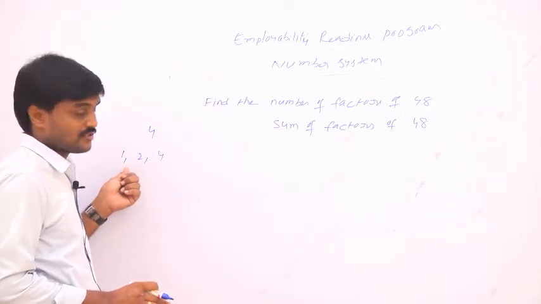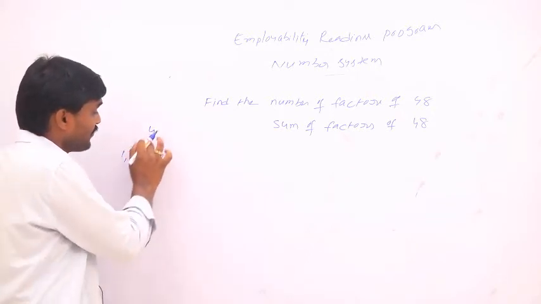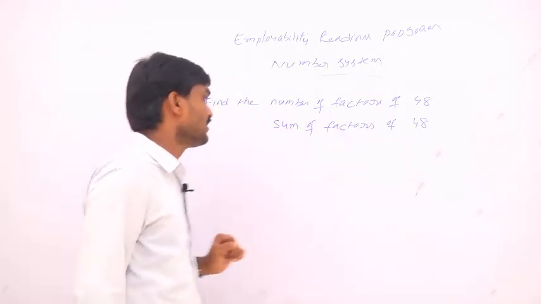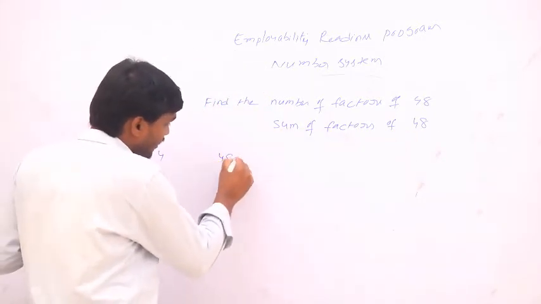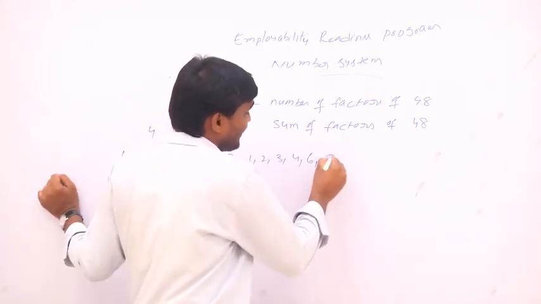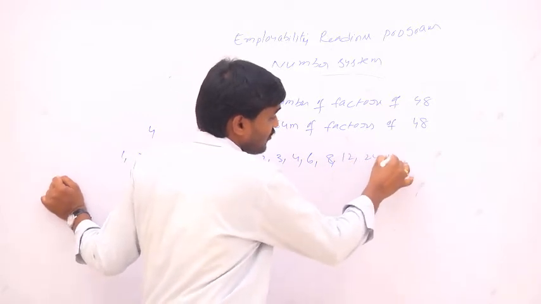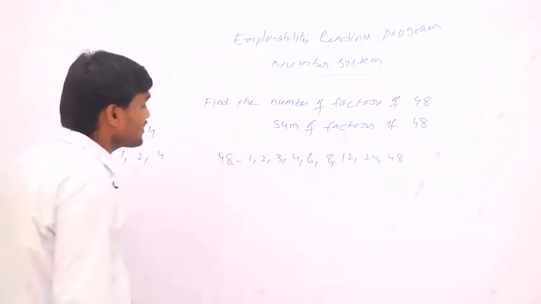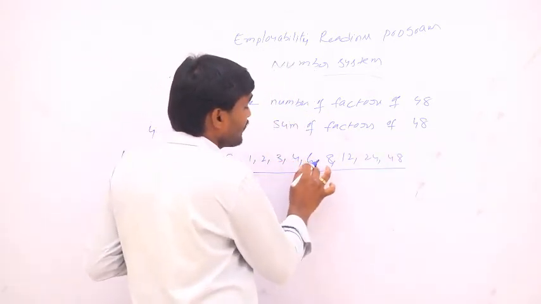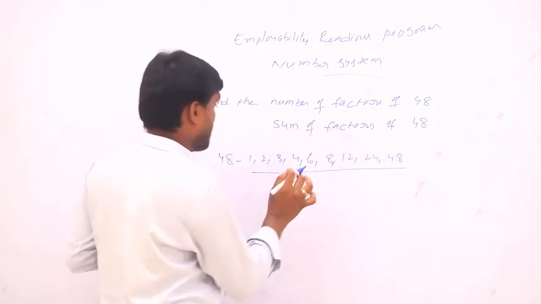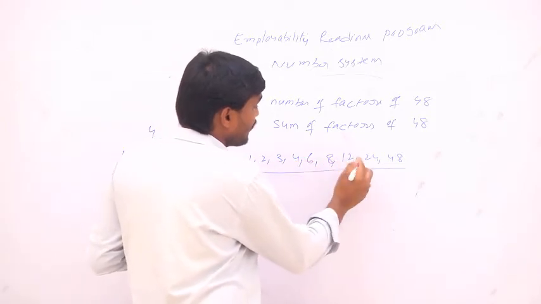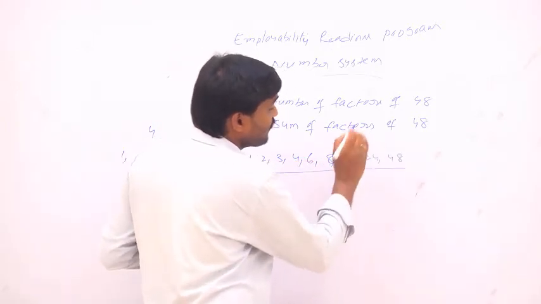Suppose 1 divides 4, 2 divides 4, 4 divides 4. For 48, the factors are 1, 2, 3, 4, 6, 8, 12, 16, 24, 48.